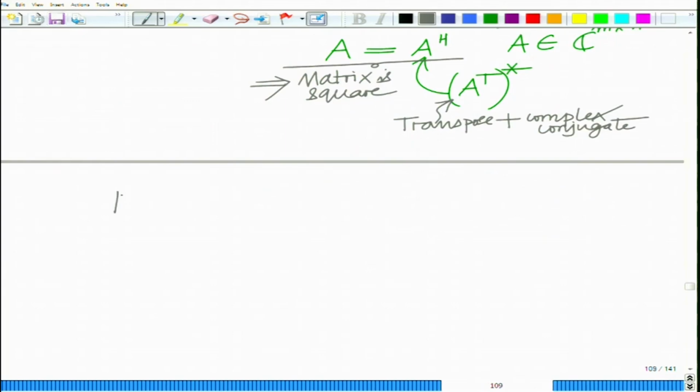Now, we want to prove some of the properties of these Hermitian symmetric matrices, that is, eigenvalues of a Hermitian matrix are real.